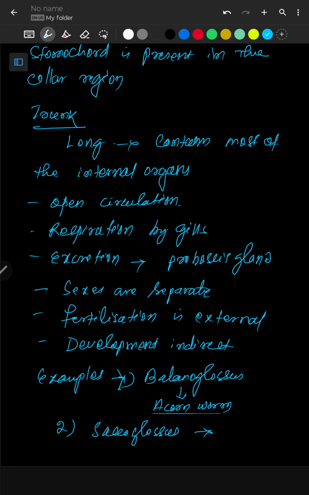Now come to the phylum Chordata. So now we will discuss the phylum Chordata. Till now we were discussing the non-chordates. Now, what are Chordata?